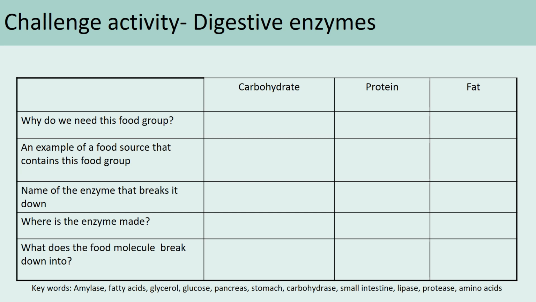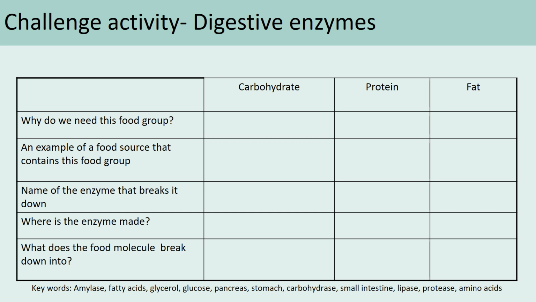So I am going to ask you in your notes to copy this table. If you do have access to a printer, by all means feel free to take a screenshot and print it. But you do need to make sure that it is quite big, or just draw it out in your book, trying to take up as much of the page as possible.